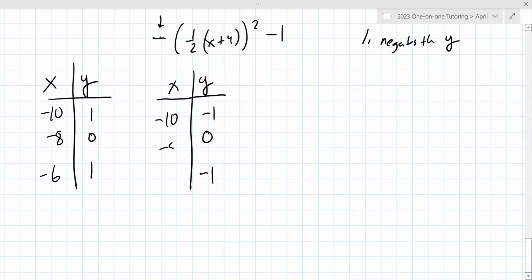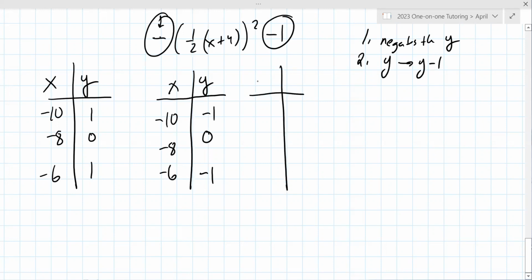All right. The next thing here is that there's a -1 on the outside. So we're going to subtract 1 from the y. Each y you will subtract 1 from it. Okay, and then are we doing another x and y?